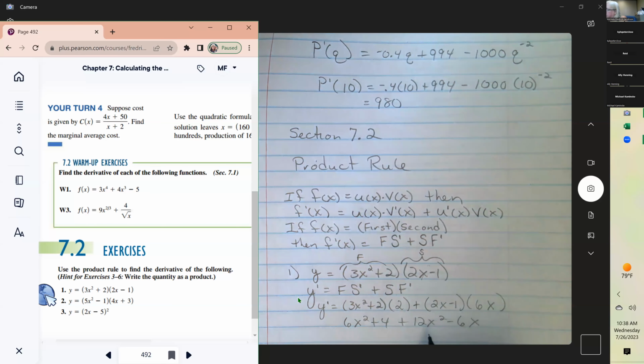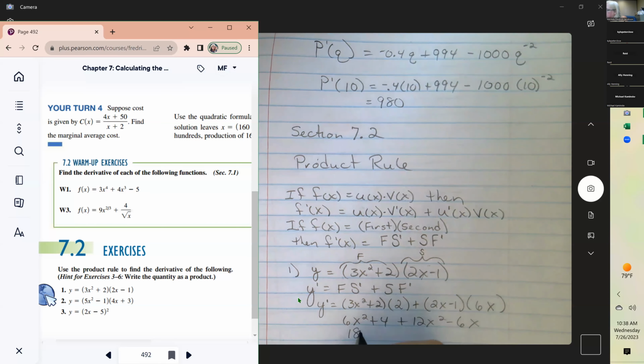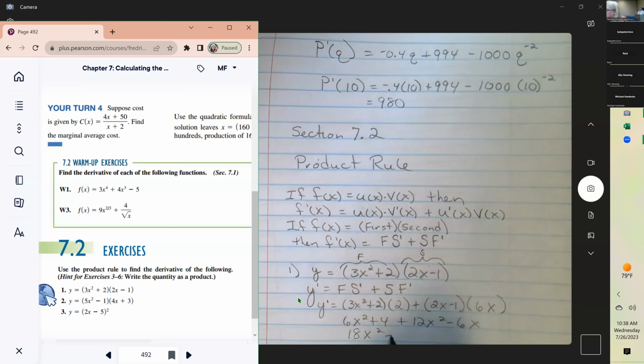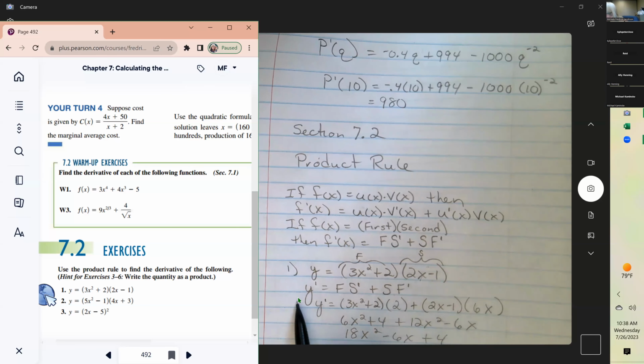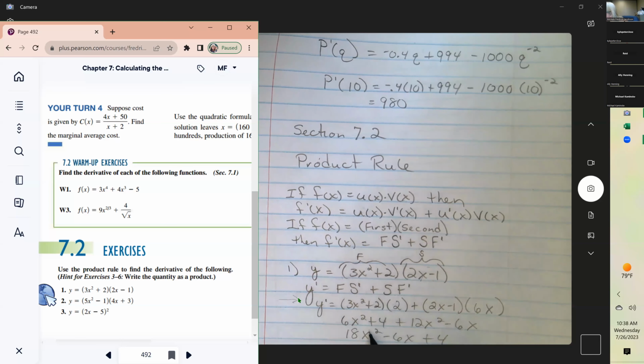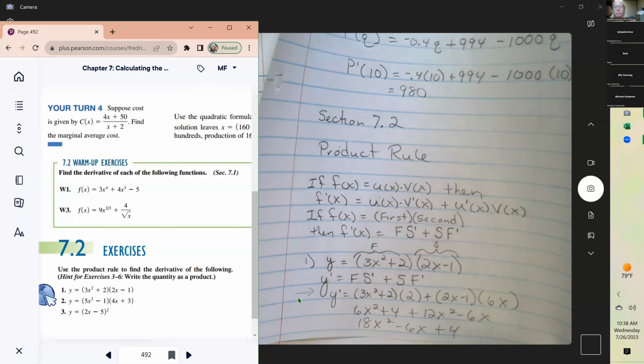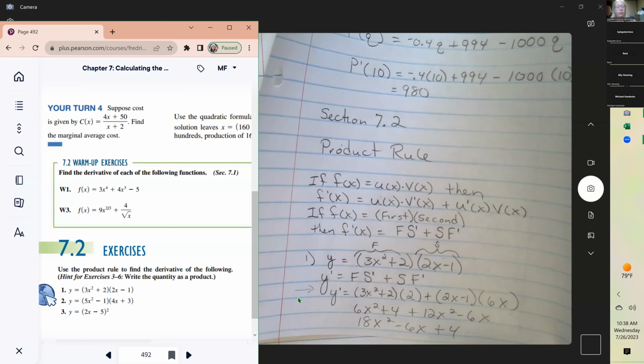And then combine. On a test, I would be fine with this because then we'd be plugging values in, and if you want to probably plug them in here, that's fine. Or you can simplify and then plug in. Any questions?